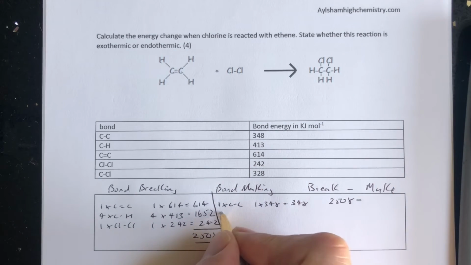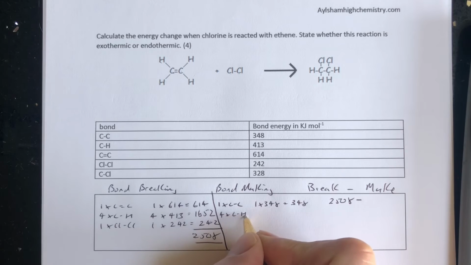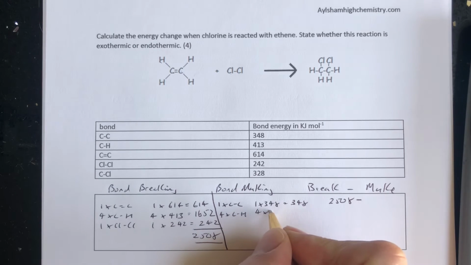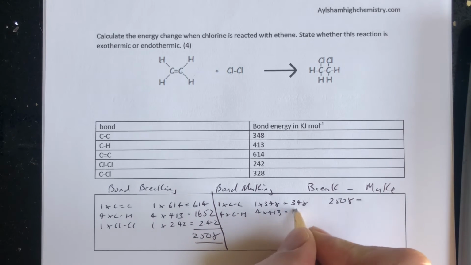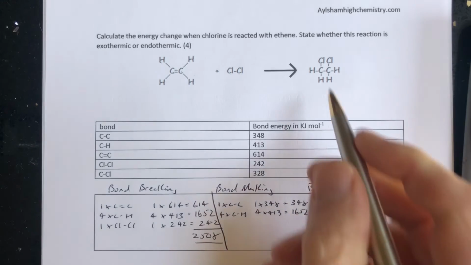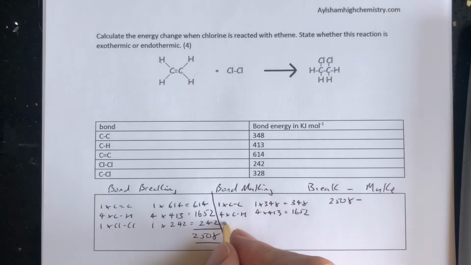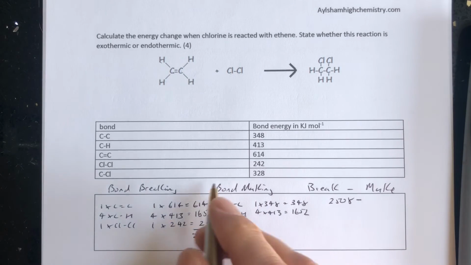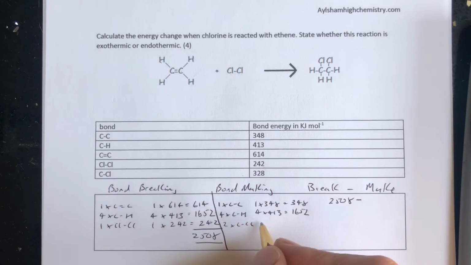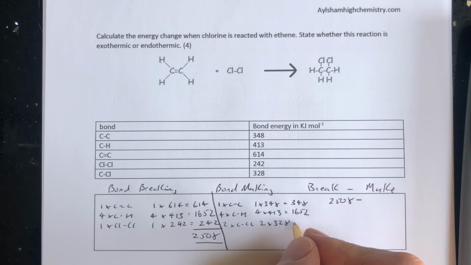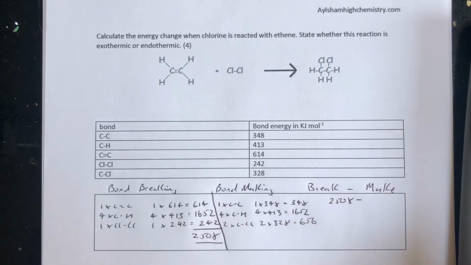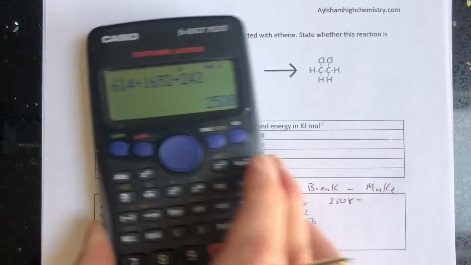So 4 times carbon-hydrogen, that's 4 times 413, and that's 1652. Now I've got 1 carbon chlorine, 2 carbon chlorines, 2 times carbon-chlorine. Carbon-chlorine 328, 2 times 328 equals 656.